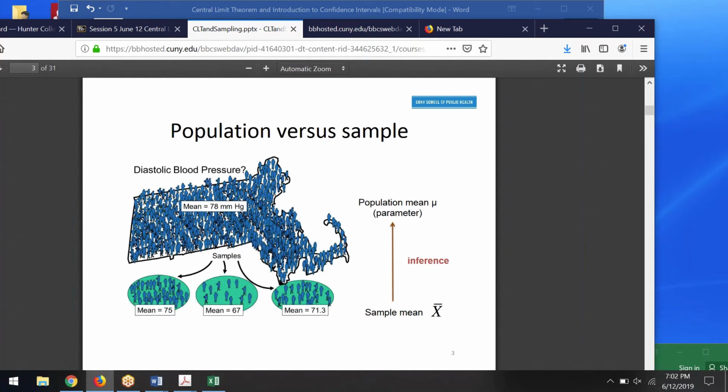Anytime we take a sample, we always have the chance that we wind up sampling more people above the mean than below the mean, and our average is not going to be exactly the same. In fact, it would be really unusual for a sample mean to turn out to be exactly the same as the population mean.